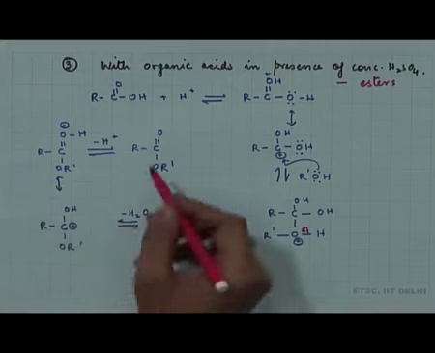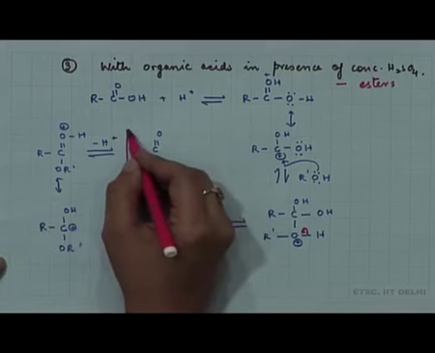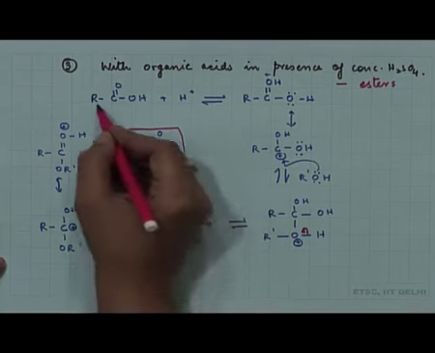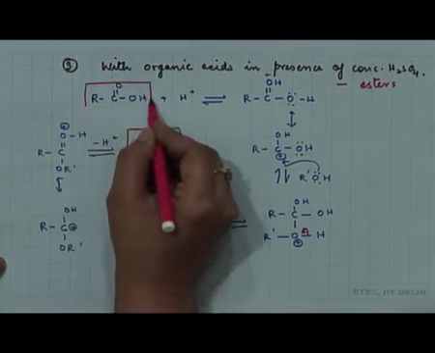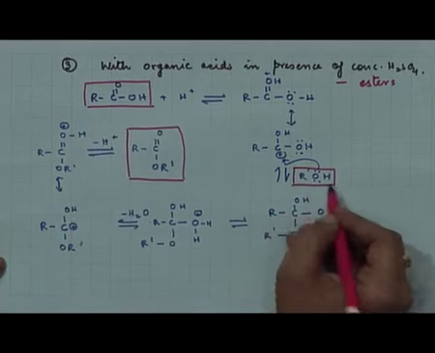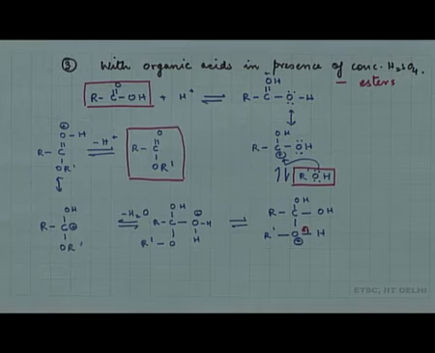So, this is the reaction in which the esters are obtained when you treat an alcohol with an acid. So, this is your building block, and this is an acid catalyzed reaction which is giving you an ester.